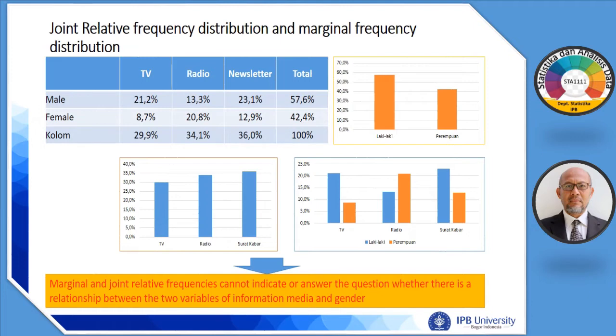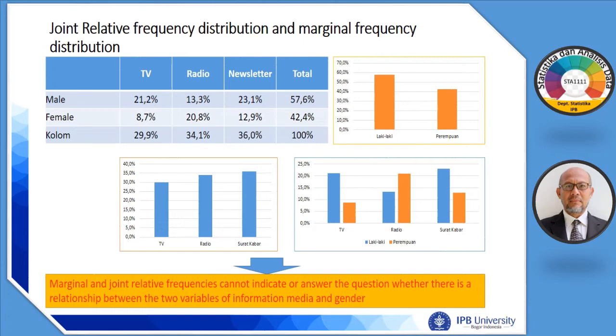So if you have calculated all the joint relative frequencies and marginal frequency distributions, then you can make a table like this. Please look at the table above. This puts the percentage of every cell, and you can also put the percentage of the marginals, so you can see very easily the meaning of the percentages here. You can also describe the table in the form of a graph.